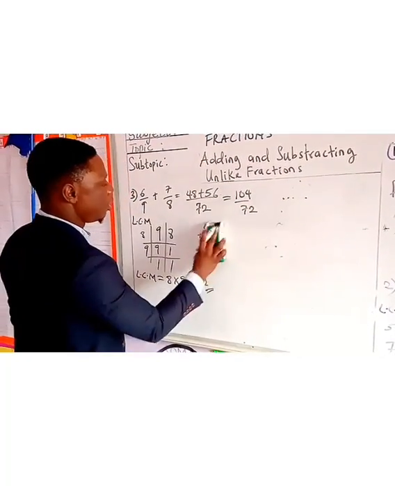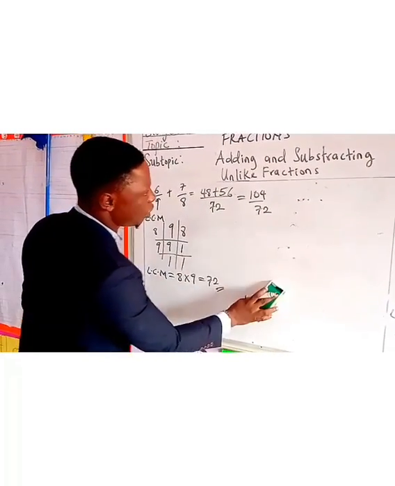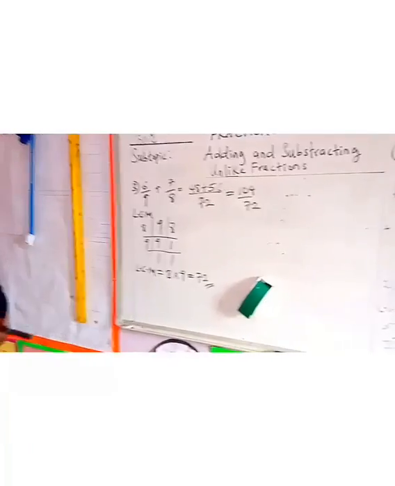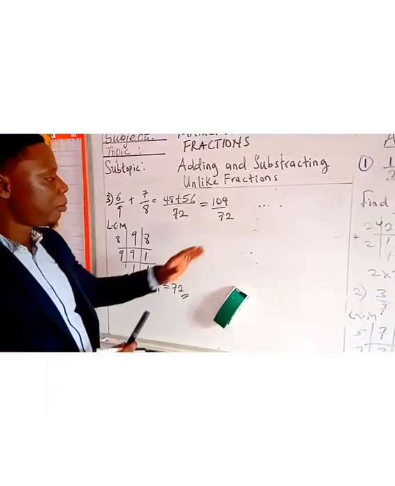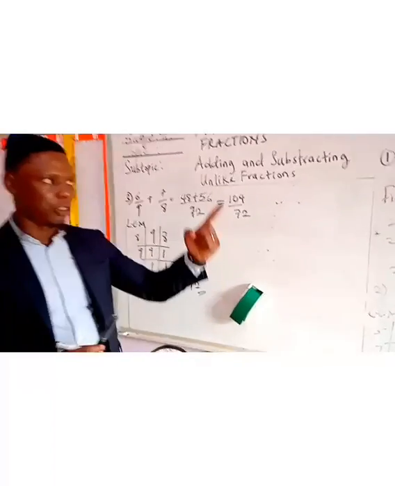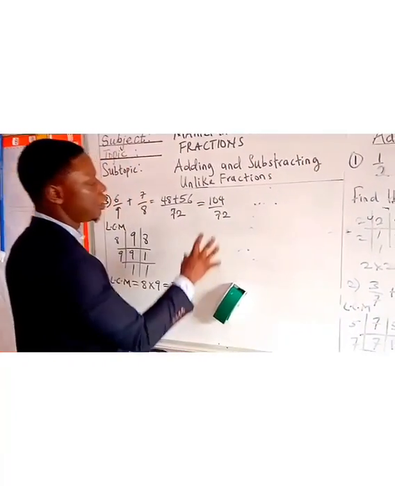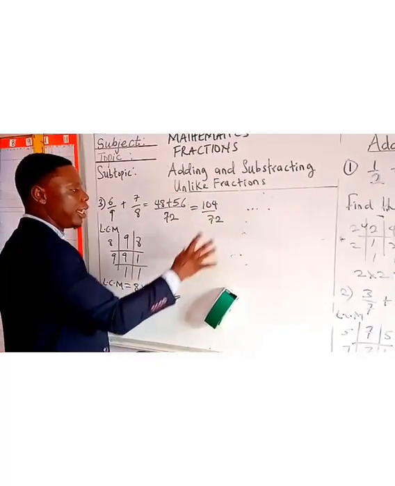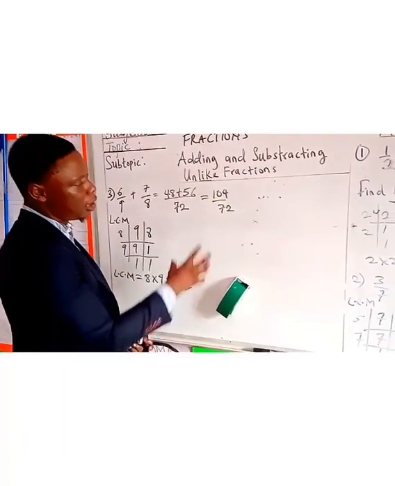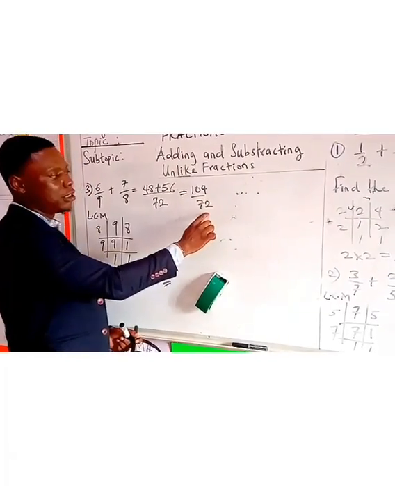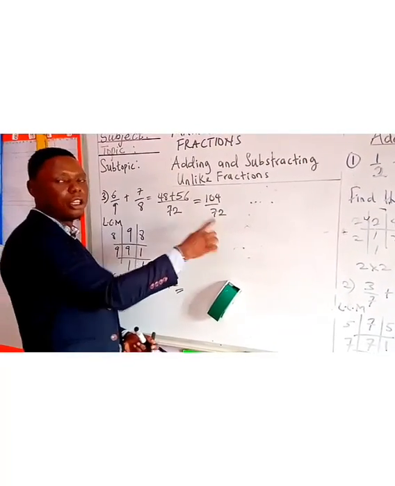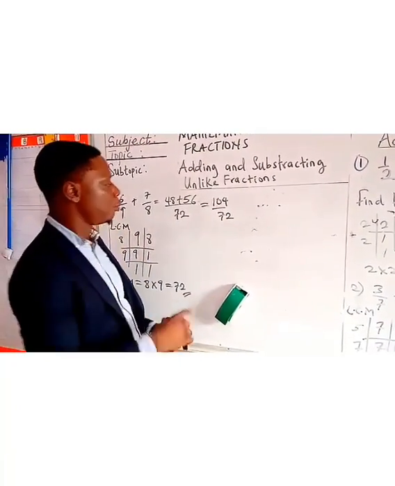I said earlier, what I call this kind of fraction? I call it improper fraction. So we're going to change this improper fraction to a mixed fraction, same way we had it earlier there. So we'll have to find the number that can divide both 104 and 72 to the least. Because they both end with even numbers, it's easy to just divide by 2.